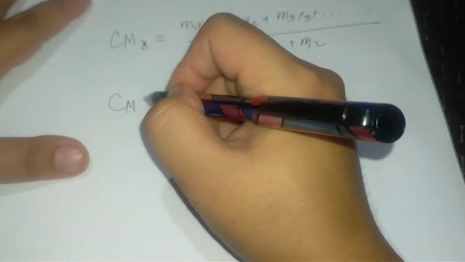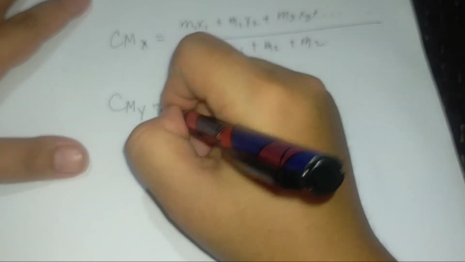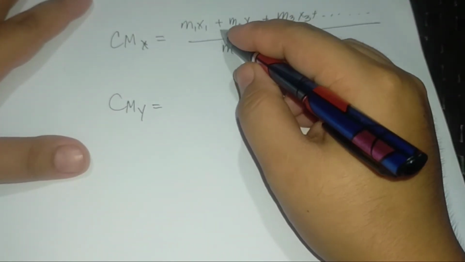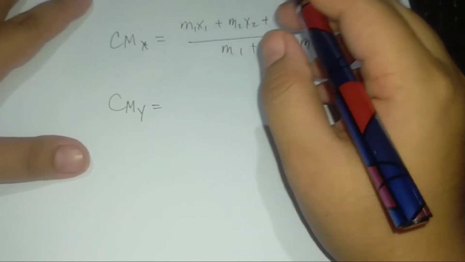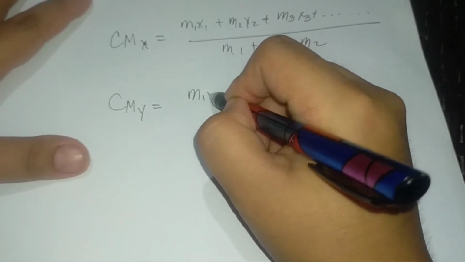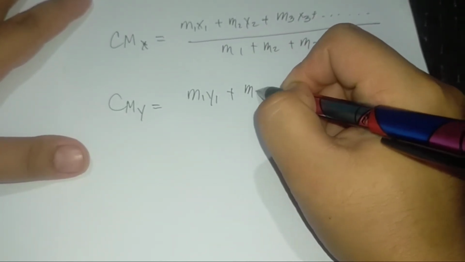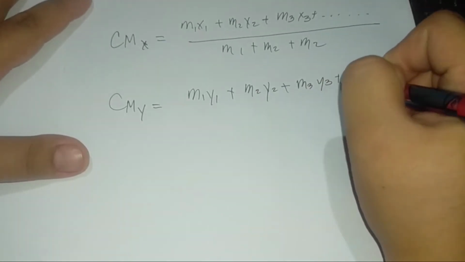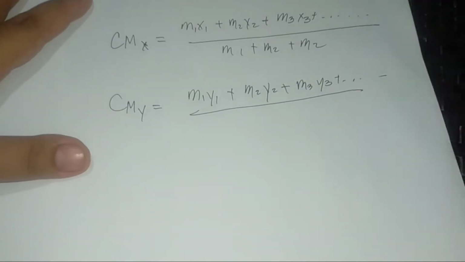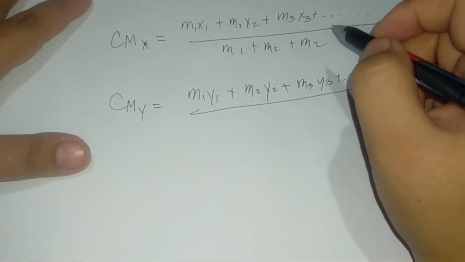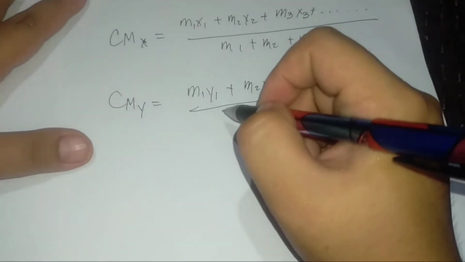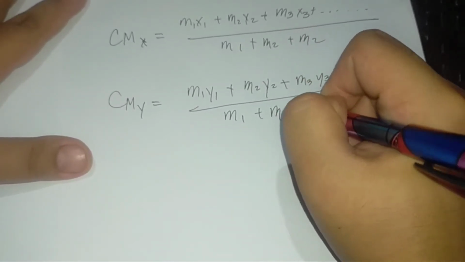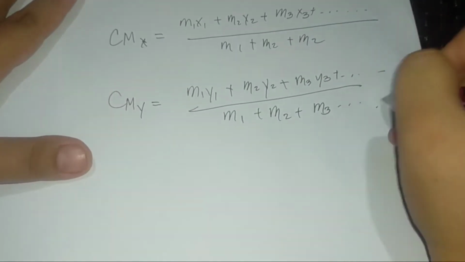Next, we have the center of mass along the Y axis, similar to the formula along the x-axis: m1y1 plus m2y2 plus m3y3 and so on, depending on how many objects with their center of mass are present in the illustration, divided by m1 plus m2 plus m3 and so on.